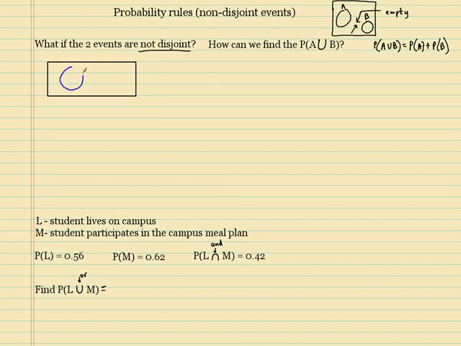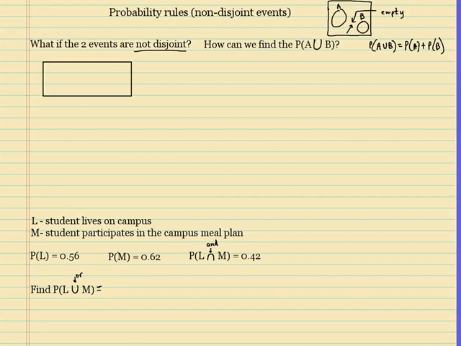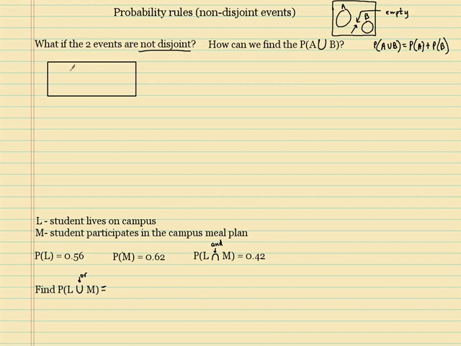Okay, so if this is A, I guess I could have done a perfect circle. Let's go back to my original. This is one event A, and this is another event B. If you look at this, there's overlap.